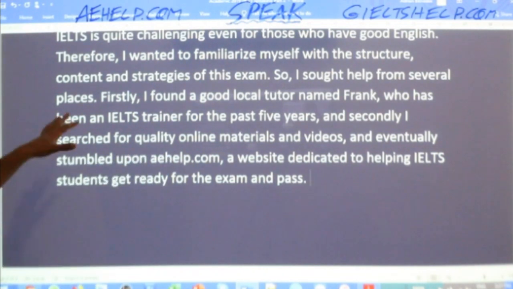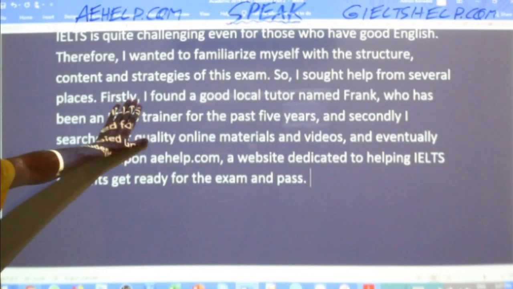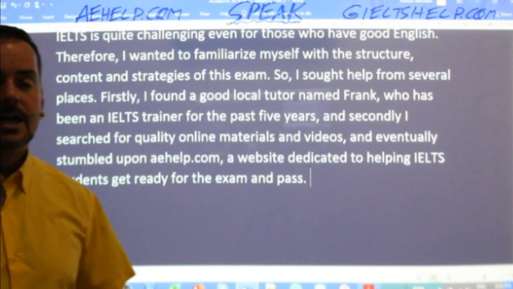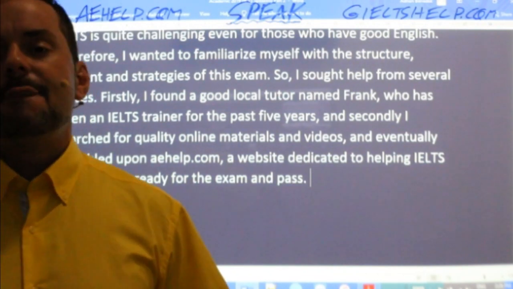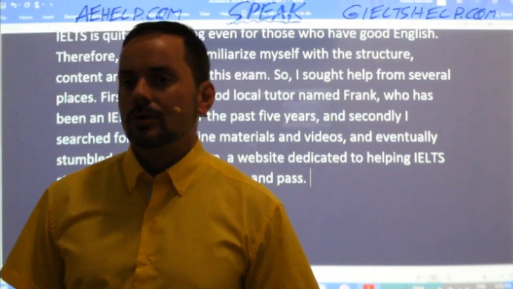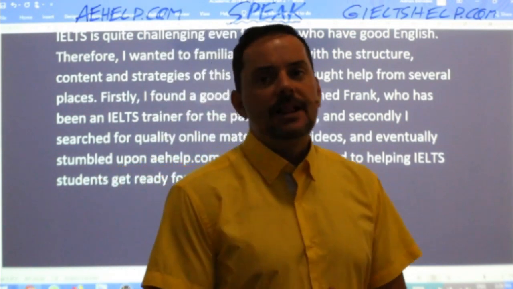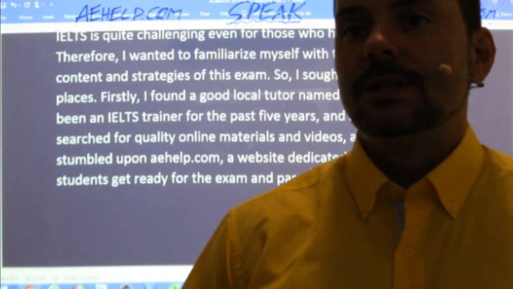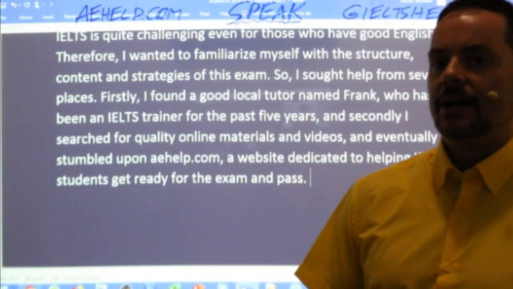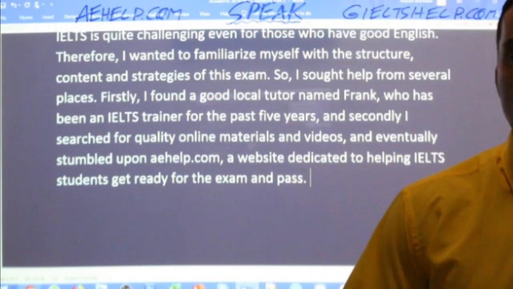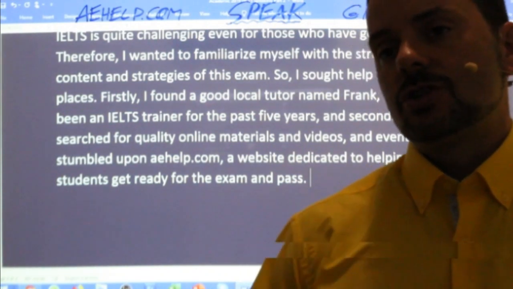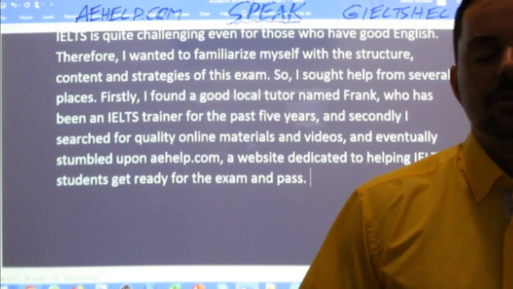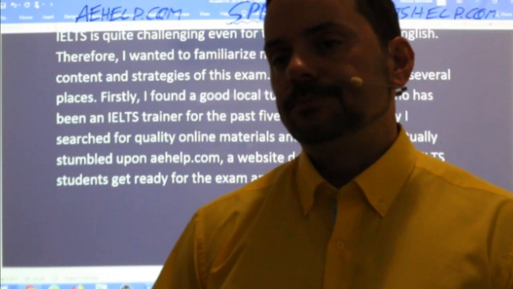So again, move through these points fairly quickly, a couple of sentences at most, and then go into action, okay? Valiant Venture says, secondly, I joined AE Help channel to find more materials about IELTS structure and strategies. Very good, Valiant Venture. So you're synonymous with what I just wrote here. Absolutely. And that works.